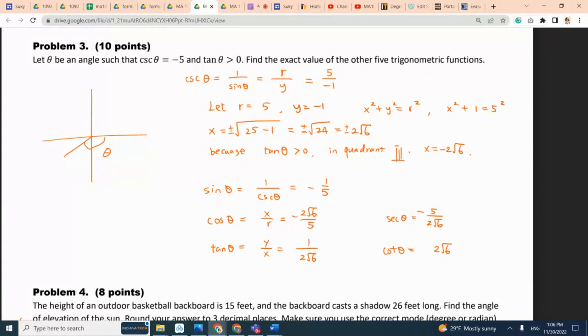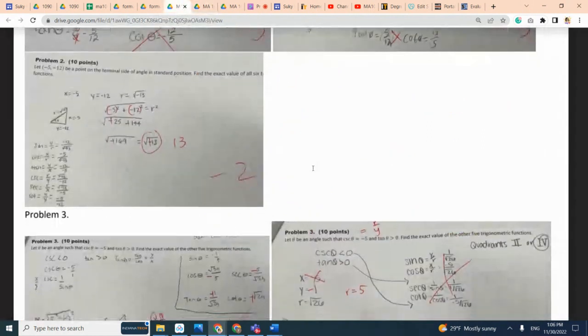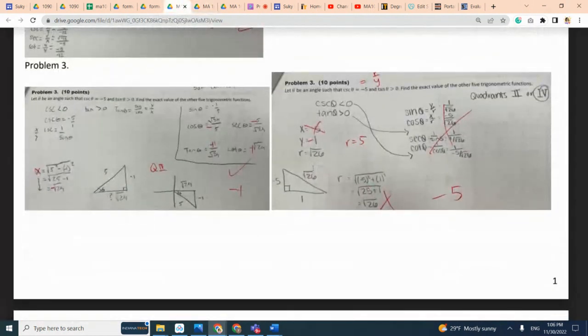So sine, cosecant is negative. So that's quadrant 3 and 4. That's why the angle must be in quadrant 3. So the x is negative. So x is negative square root of 24. And then you can find all the 6 trig functions. So common mistake here, because it's in quadrant 3, so x is negative.